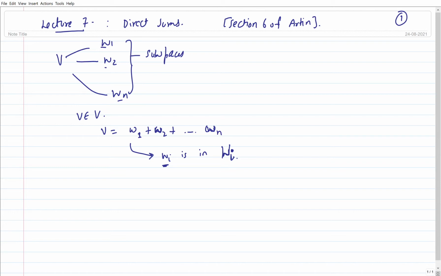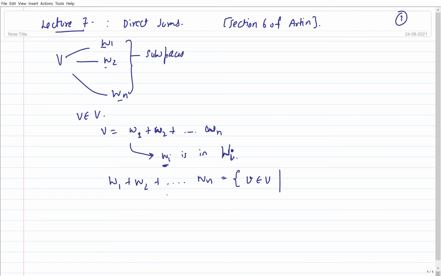So the set of all such vectors is called the sum of subspaces or their span, and is denoted by W1 plus W2 plus ... Wn.